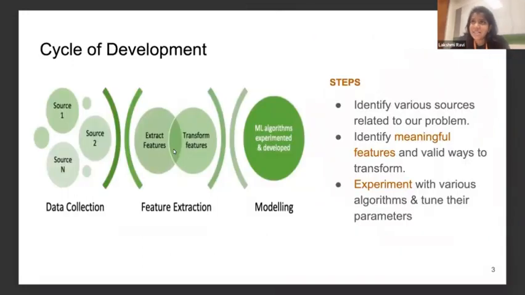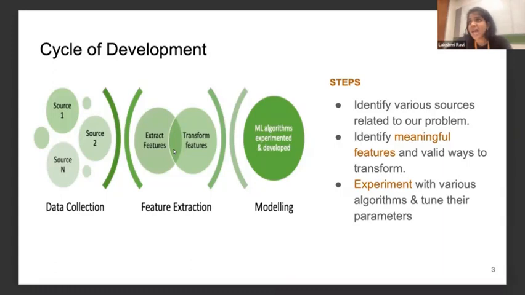Getting started, let's do a quick recap of what happens in model development. First thing is we start with data collection. We go to different data sources and collect several data sets that are suitable for our problem.